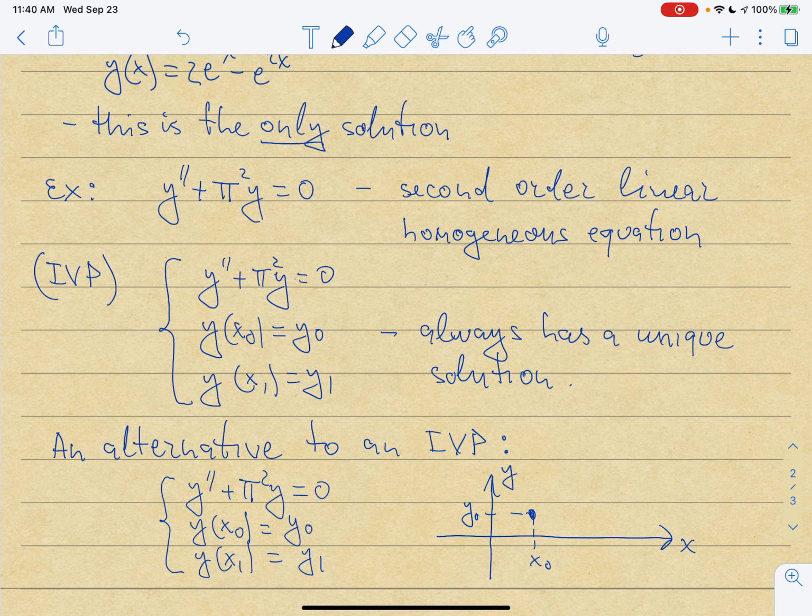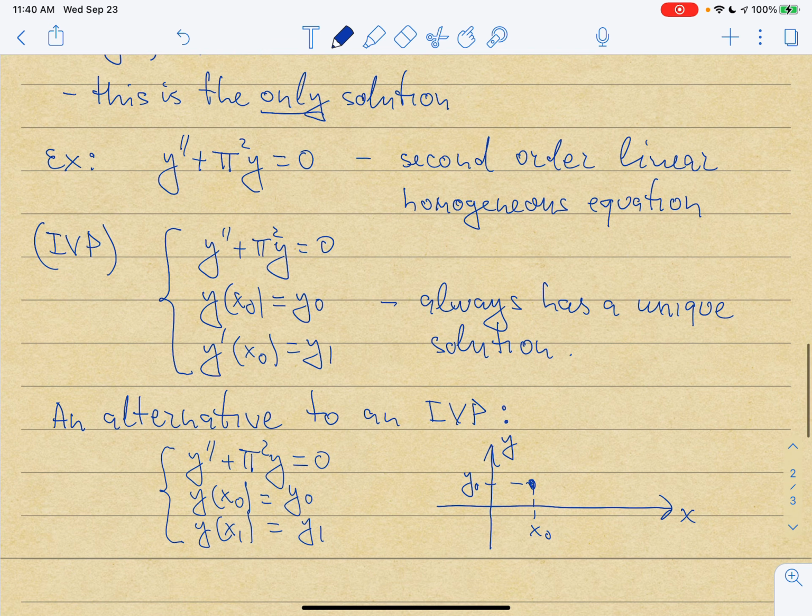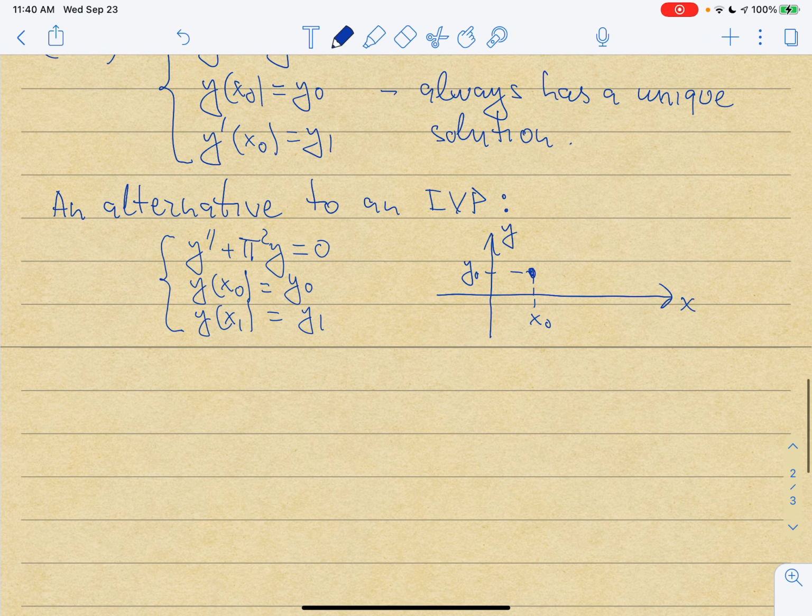Actually, I did make a boo-boo here. y prime of x0 is equal to y1. I'm sorry. So that's the initial value problem, because otherwise I'm still writing a boundary value problem. So I'm prescribing the initial point, and I'm also prescribing the initial slope. That is equal to y1.